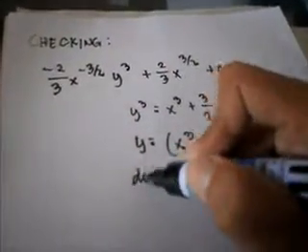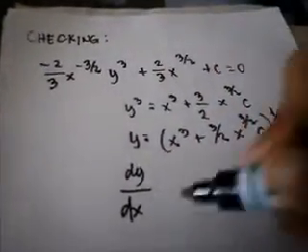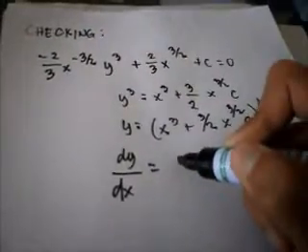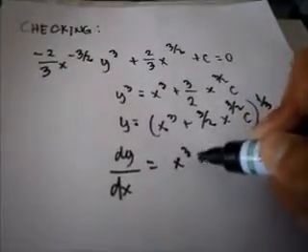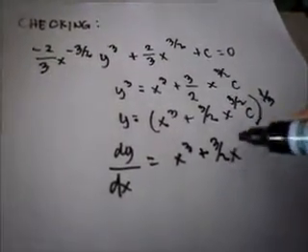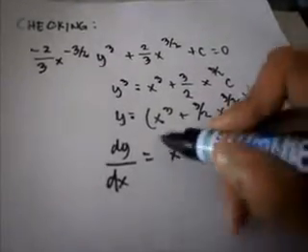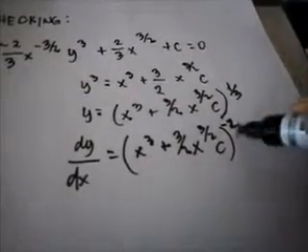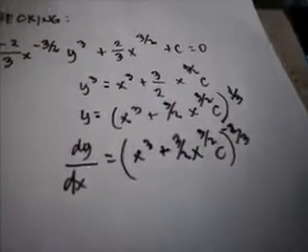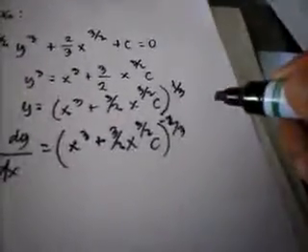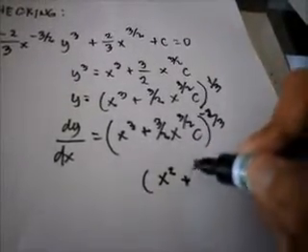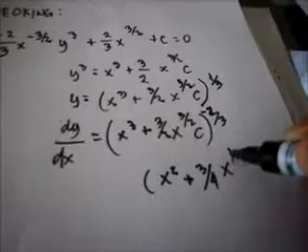If we differentiate this, dy/dx, we get x cubed plus 3/2 x to the 3/2 c, raised to the negative 2/3, times x squared plus 3/4 x to the 1/2 c.